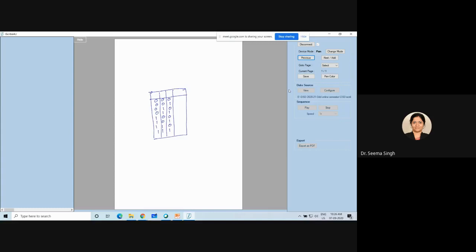So what all should be there? 1, 3, 4, 5, 6, 7. So this should be there, and 2 are not there. That is your minterm 0 and minterm 2 is not there, right? So this is your function.